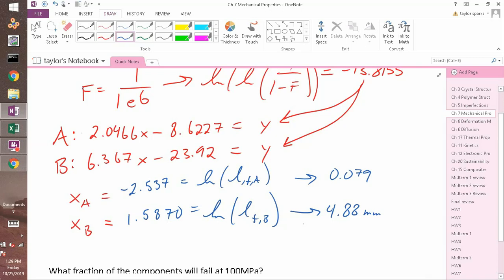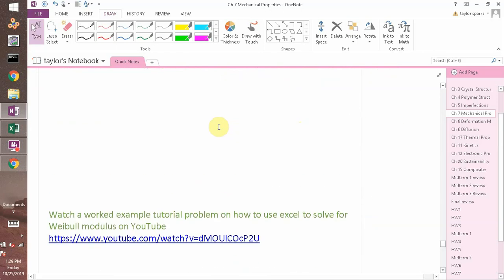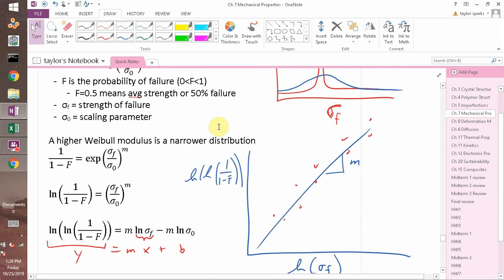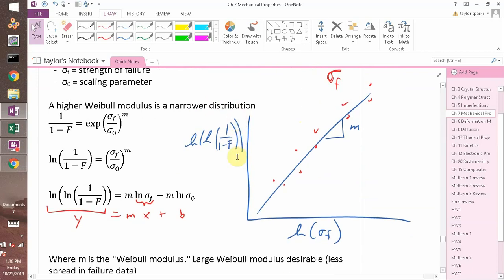What else? Where else is error involved in this process? The line wasn't a perfect fit, right? We're assuming that the data can be mathematically fit to this funky equation that Sir Weibull came up with, but maybe it doesn't, right? If it doesn't fit to this equation, then you need to find a different approach. If it fits, then great, you can use it, okay?